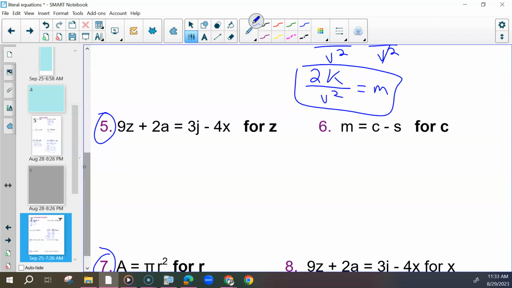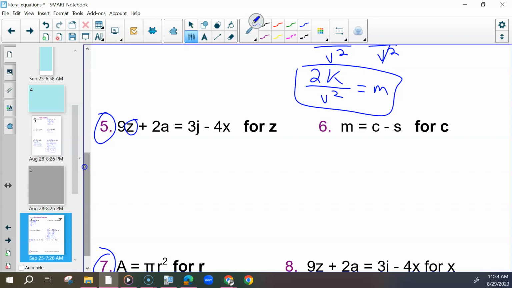Right. We are solving for z. So we need to get rid of the 2a and the 9, the 3j and the 4x, we don't really have to do anything with them because they're already unused. What would we do? So if we are adding these two, how could we undo that?